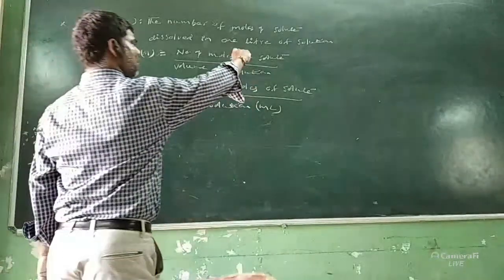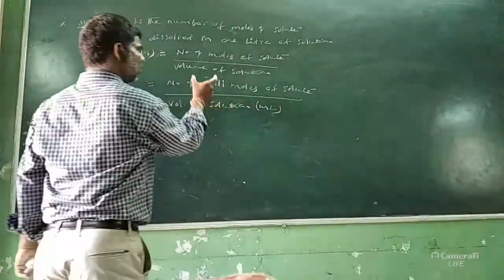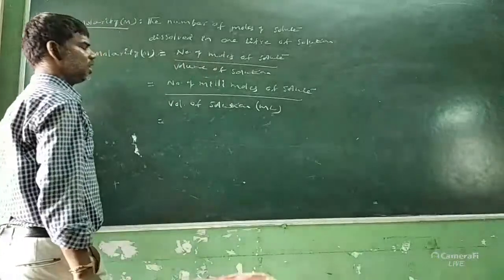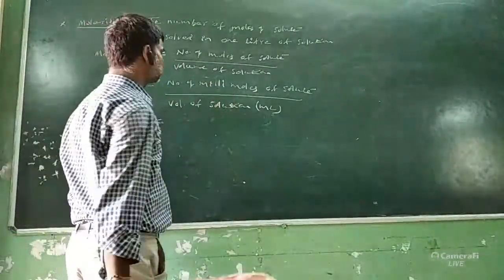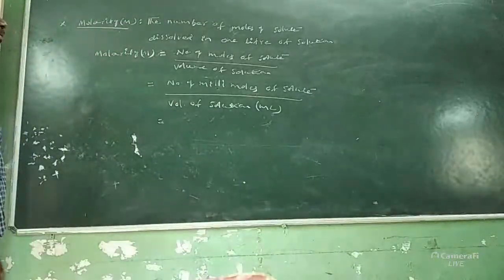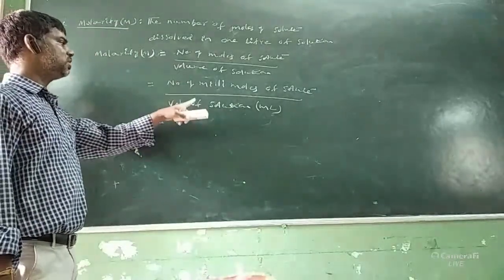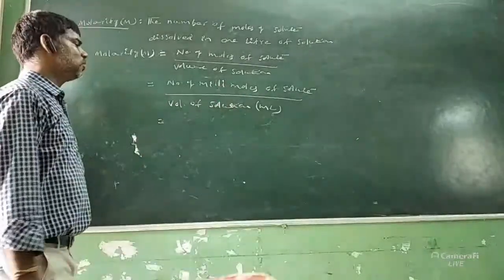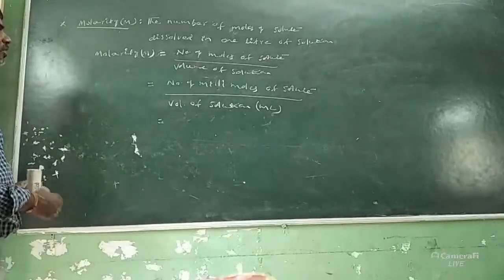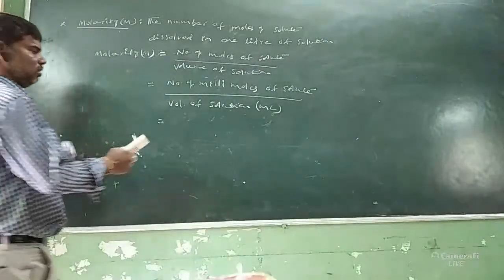So from the number of moles of solute by volume of solution you can derive one more formula, that is, number of millimoles of solute by volume of solution in ml. By using this formula we can calculate molarity. That is one more important formula.